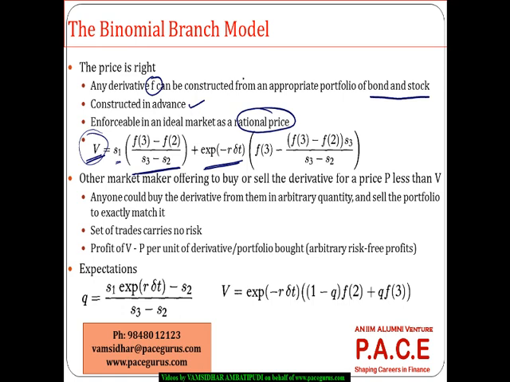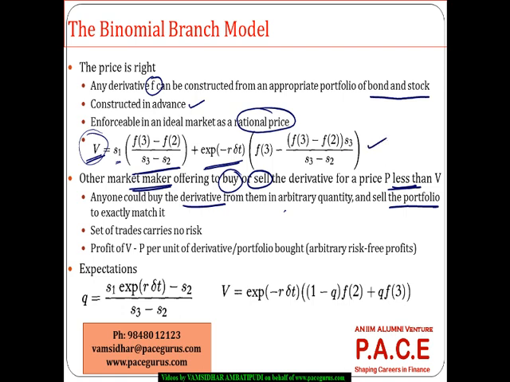That's one of the interesting aspects that come by understanding the binomial branch model. And if any other market maker is offering to either buy or sell the derivative at a higher price or at a lower price, I can very well create an arbitrage opportunity. If it is at a lower price, I'll buy the derivative and sell the portfolio that is matching with this.